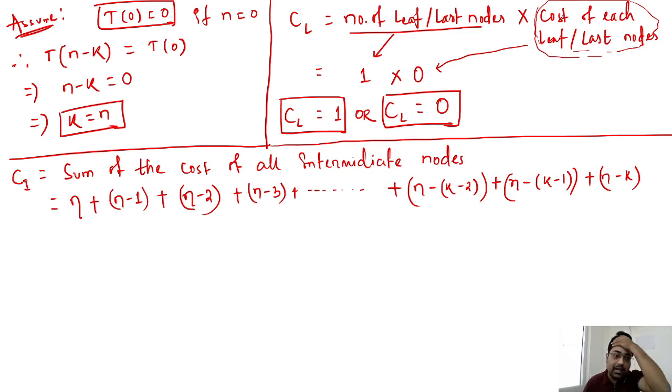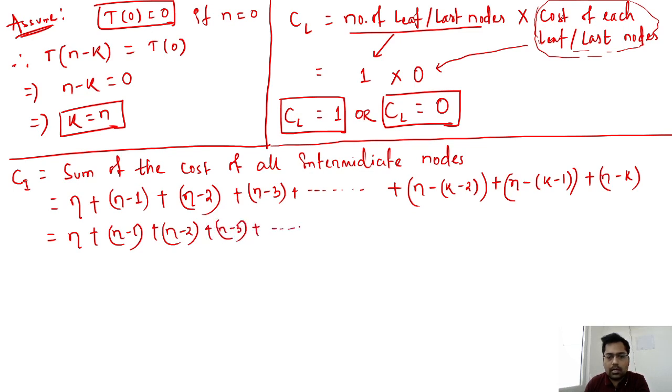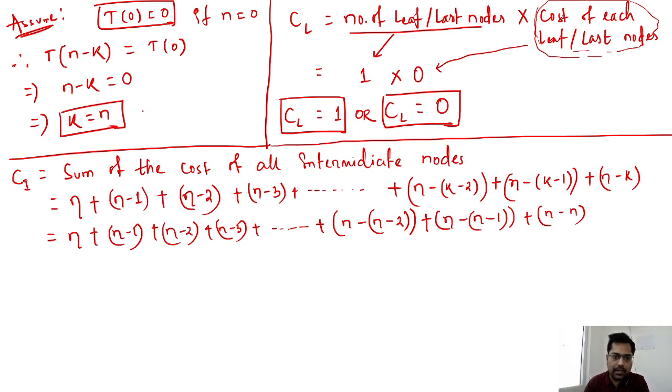Now the kth value we decided as n. Now you substitute the value of k: n minus 1, next n minus 2, plus n minus 3. In place of k, you can write n, plus n minus (n minus 1), plus n minus n, because we are just substituting the value in equation 1.